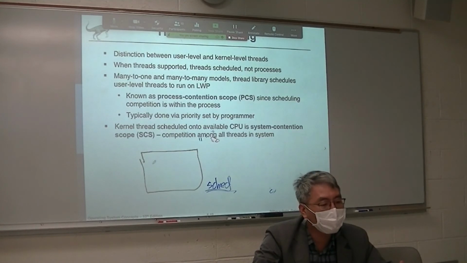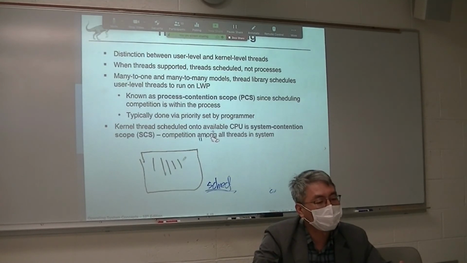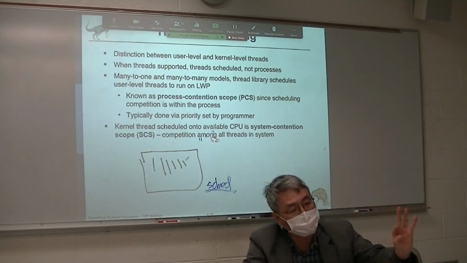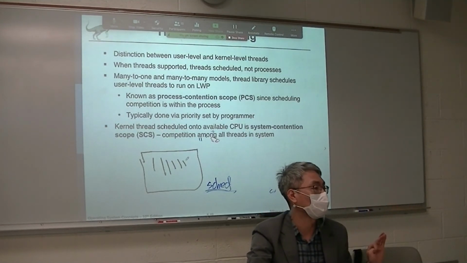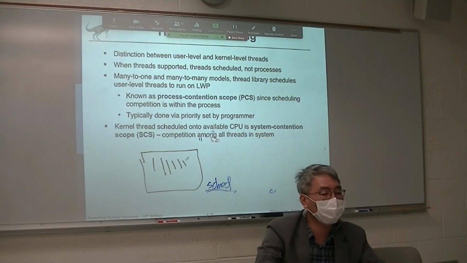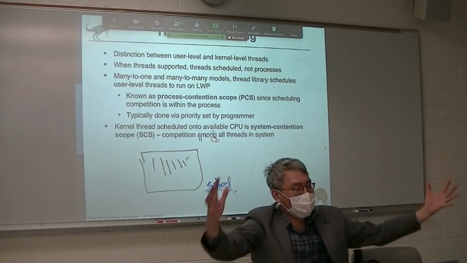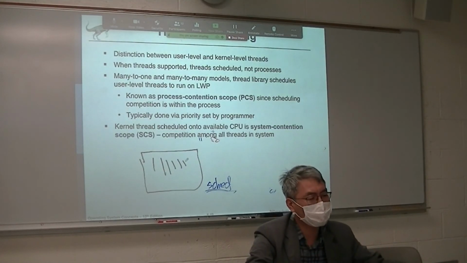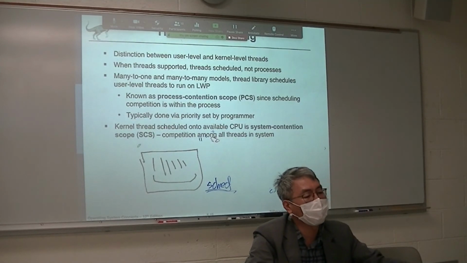You may have a number of threads. Sometimes you have user threads, which the user creates. Sometimes you have kernel threads, which your operating system creates. So system-wide, the entire operating system manages a number of threads, then schedules them. This is called system contention scope, sometimes in short SCS.